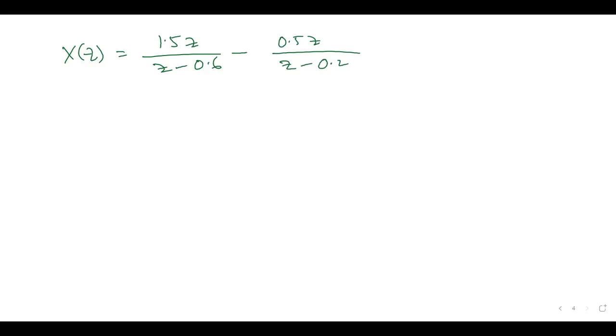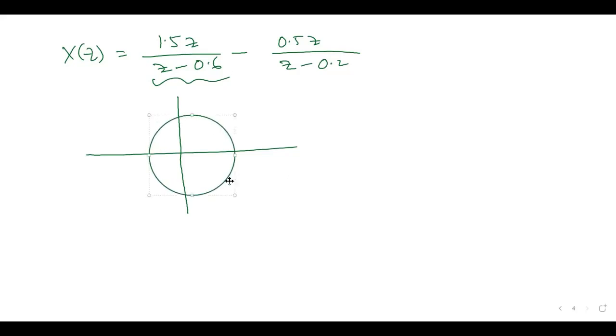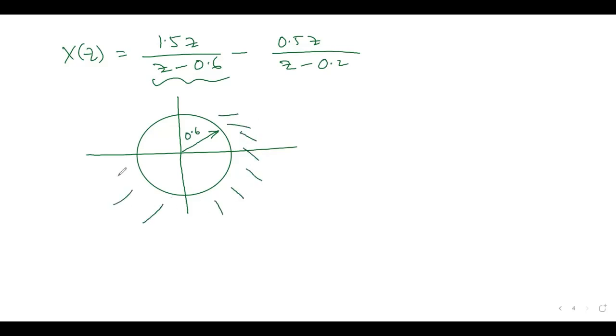Now look, for the first problem, for this section, this will be a right hand side signal if the radius, which is 0.6 here, and the region of convergence is outside the circle.